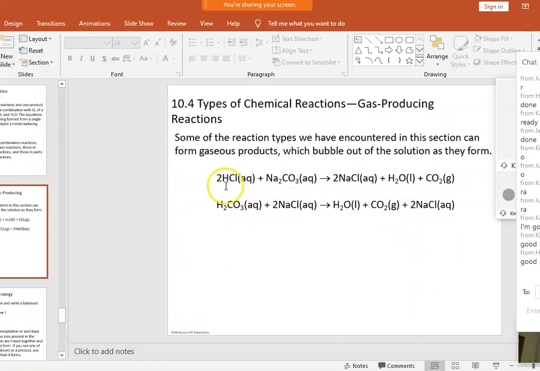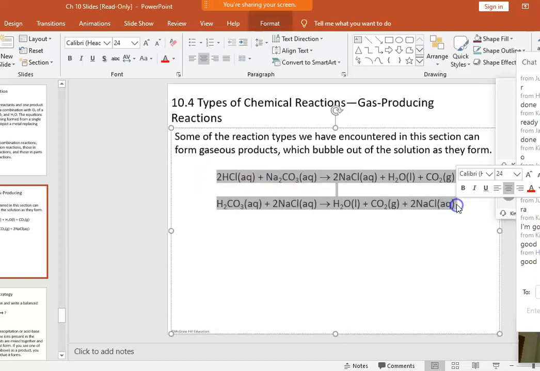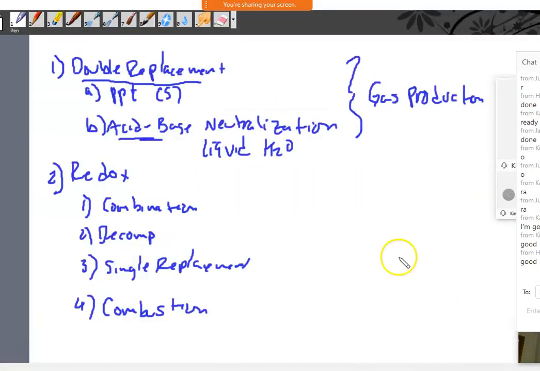So notice they have hydrochloric acid, and you're adding it to a carbonate. So mostly gas, you know what, I'm going to copy this and paste it over here.